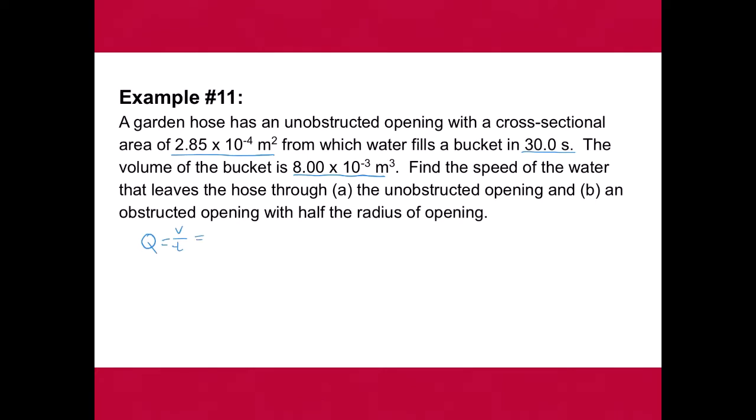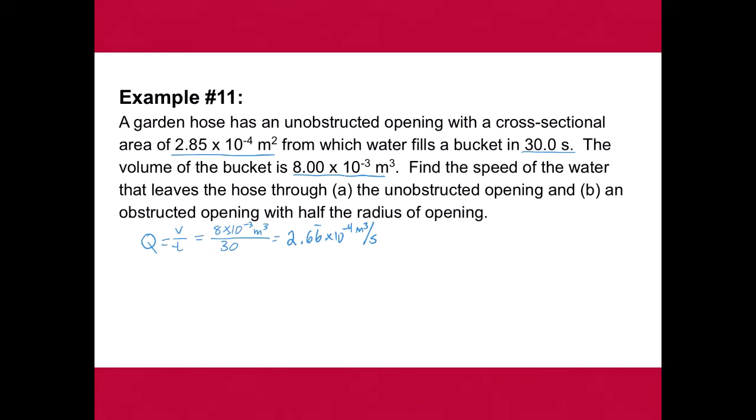We know that we need 8 times 10 to the negative 3rd meters cubed, that much volume, in 30 seconds. And so we can solve there for our volumetric flow rate. Then I got 2.66 repeating times 10 to the negative 4th meters cubed per second.